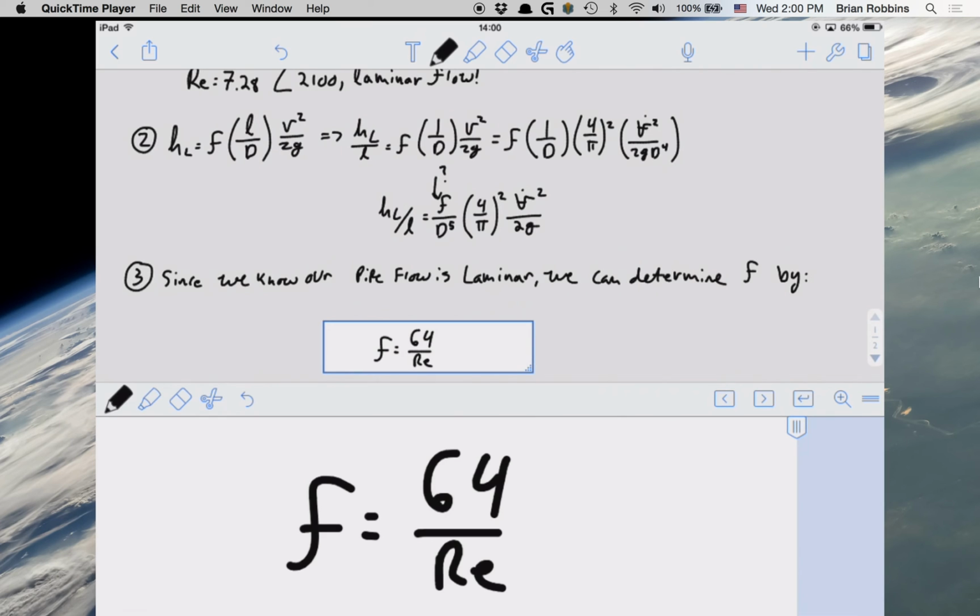If we plug that into our expression, what we end up getting for our Darcy friction factor is 8.796.